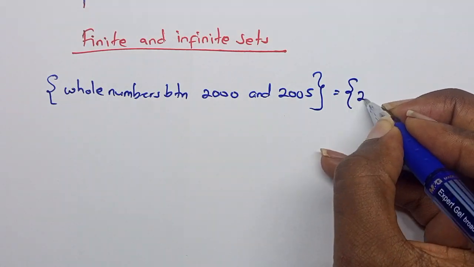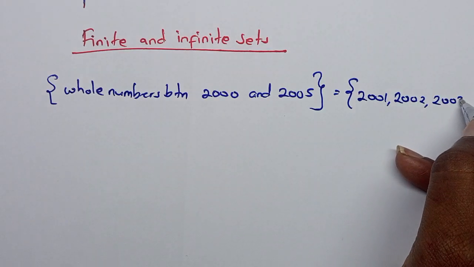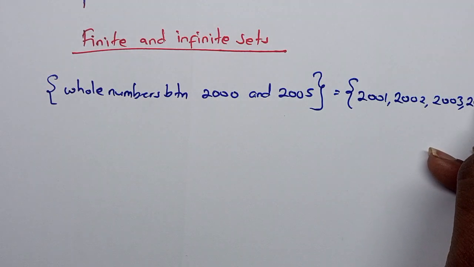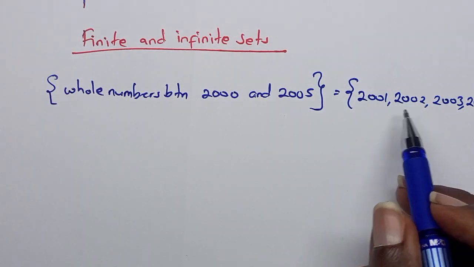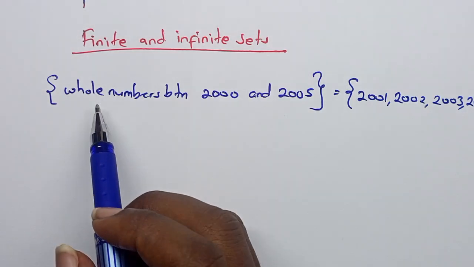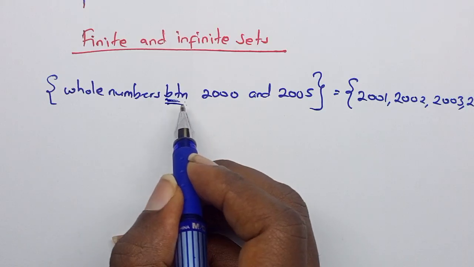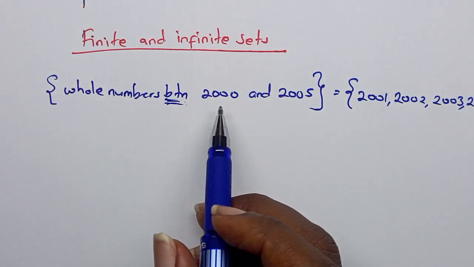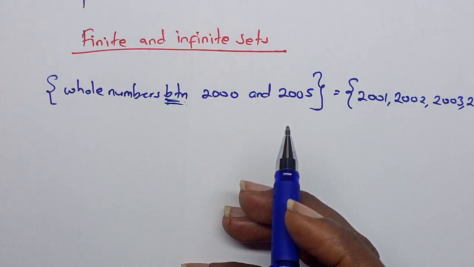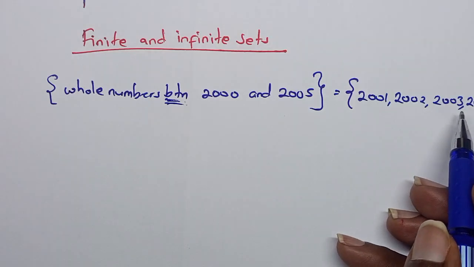This will be a set of 2001, 2002, 2003, and 2004. Note that we don't include 2000 and we also don't include 2005, because it says a set of whole numbers between. You must also be careful with the English that is used. Between 2000 means it lies between, so it's 2001, 2, 3, and 4.